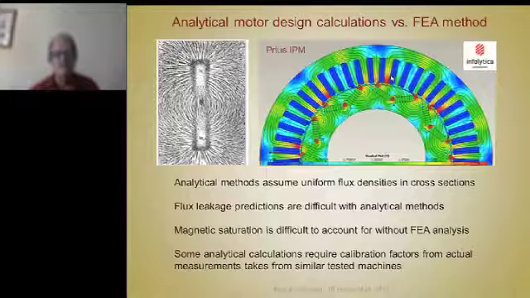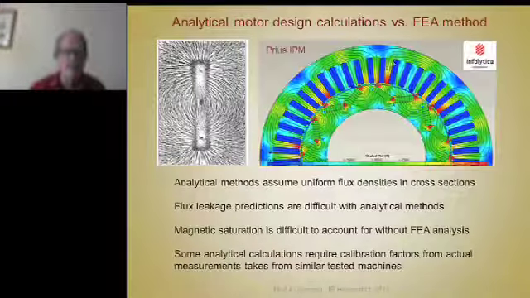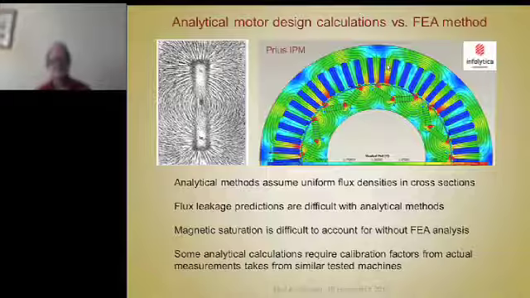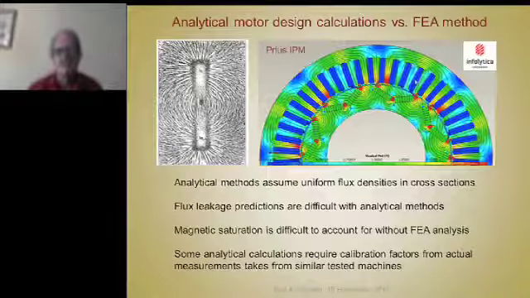Something obvious in this case: we have a tapered tooth here, so the same number of lines going through this tooth is going to give a higher flux density in this part of the tooth than that part. So if I'm going to calculate the loss of this machine, the other thing you notice is the flux density is not uniform in all these teeth. With an analytical method, I just told you how I'd calculate the flux density in the yoke.